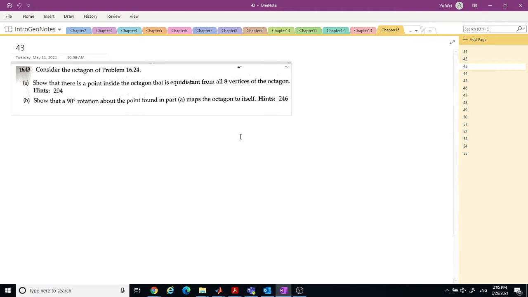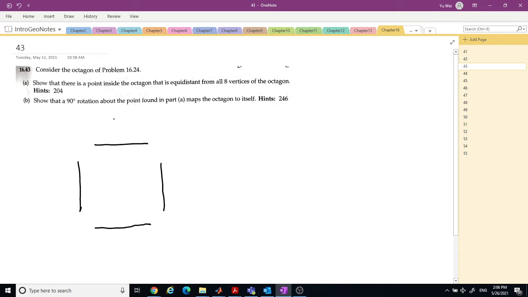Next, we have an octagon. The octagon is this. We have a length of 2, and here is the length of 1, and 1. So this is 2, 2, 2, and all the internal angles are 135 degrees.